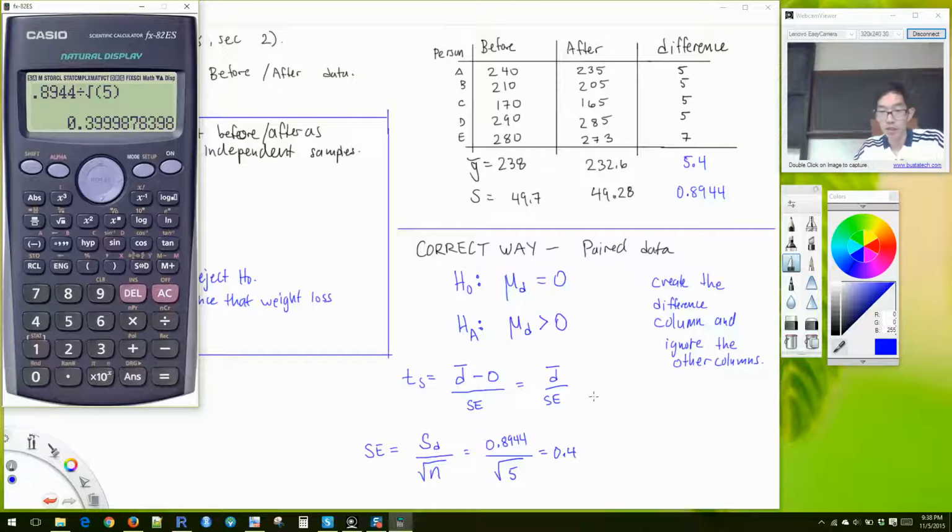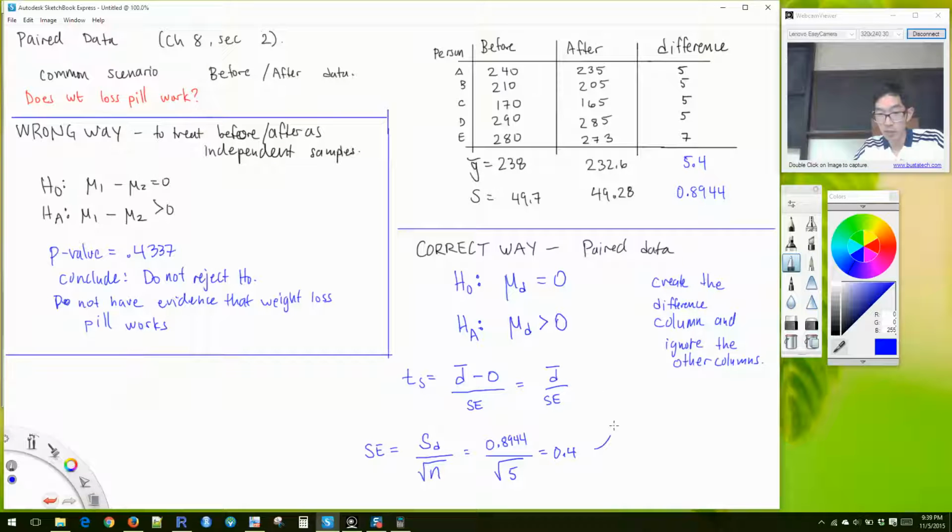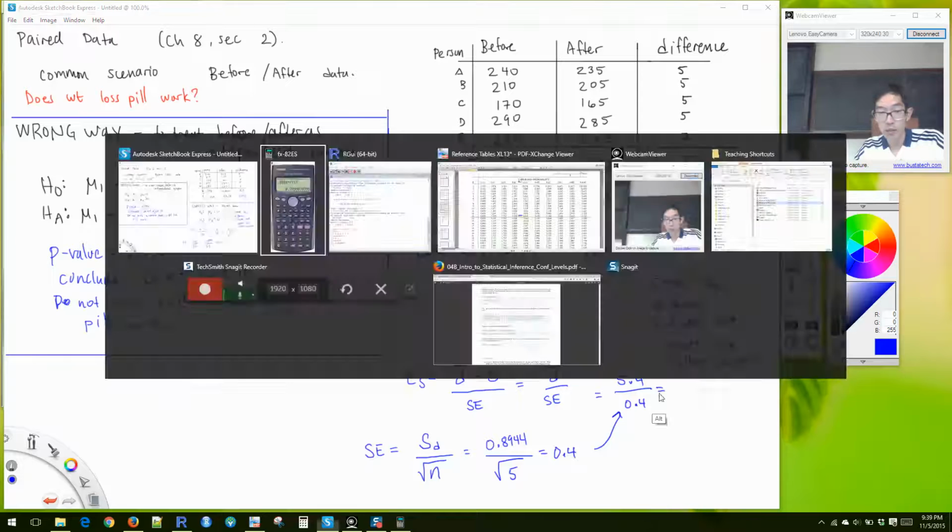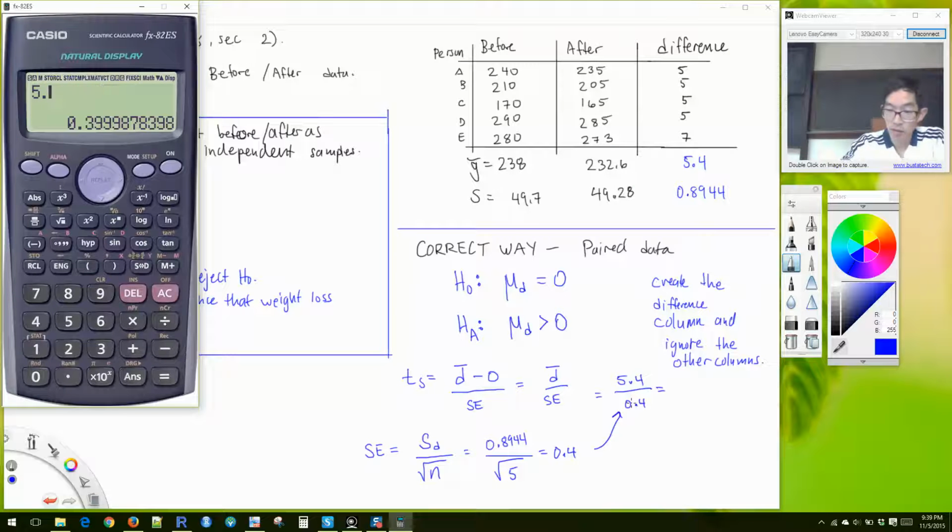Okay, and so plugging that in, my test statistic is 5.4 divided by 0.4. I get a very large test statistic. I get 13.5.